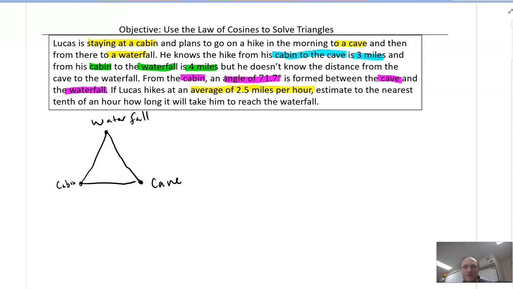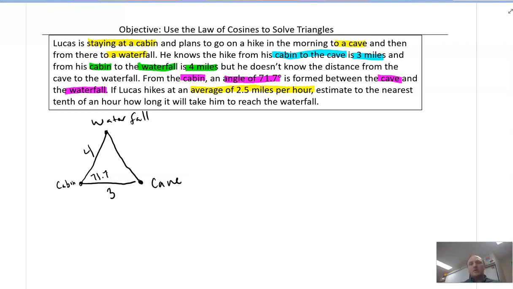All right, so let's plug in the information we're given. The cabin to the cave is 3 miles. The cabin to the waterfall is 4 miles. He doesn't know the distance from the cave to the waterfall. And from the cabin, an angle of 71.7 degrees is formed with the cave and the waterfall.